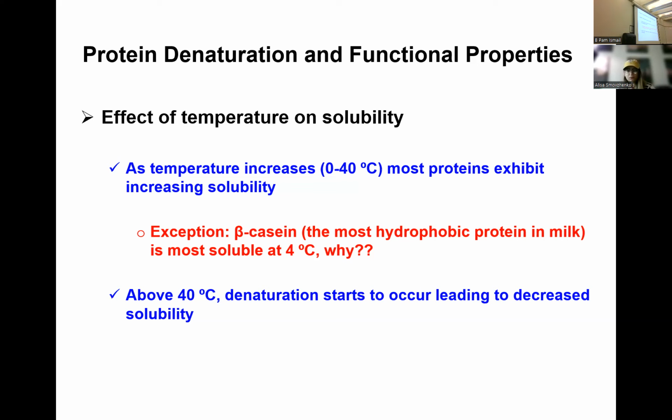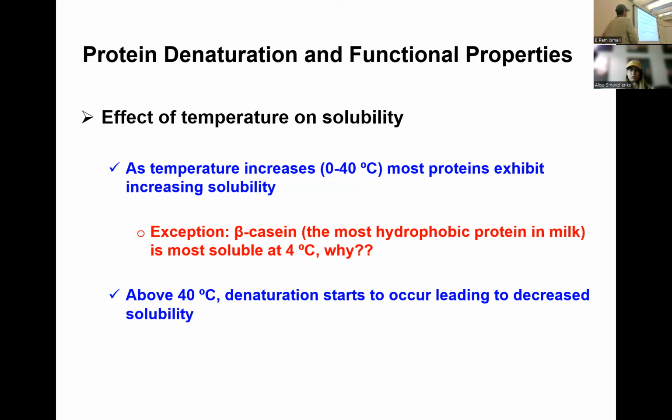Hydrophobic interactions are reduced at lower temperature. It is a hydrophobic protein, so it's interacting in the casein micelle via hydrophobic interaction. That's how it's stabilized within the casein micelle. You bring the temperature down, the beta-casein loses some hydrophobic interactions in the casein micelle and sneaks out of the casein micelle. So that's an exception.